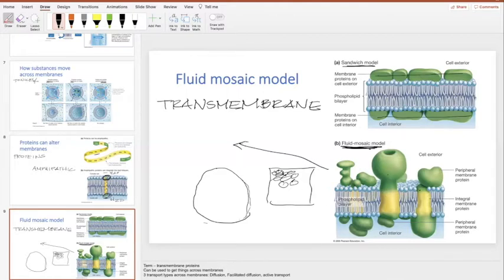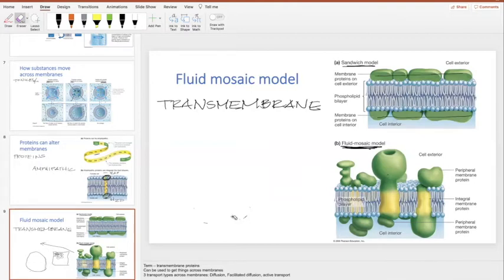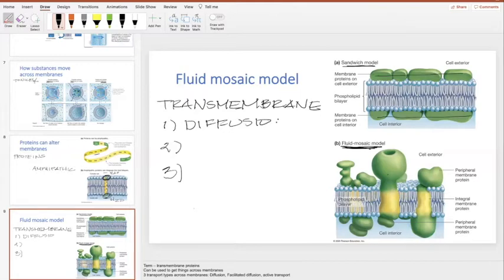Now, to get across this membrane, there are 3 transport types that I want to talk about. The 3 transport types are diffusion, which we've already talked about. And the last 2 are going to require some help from proteins.